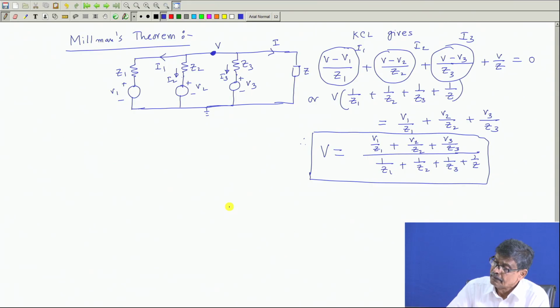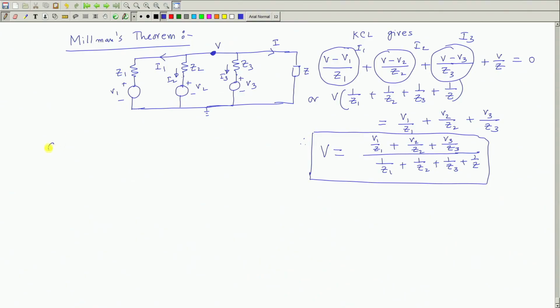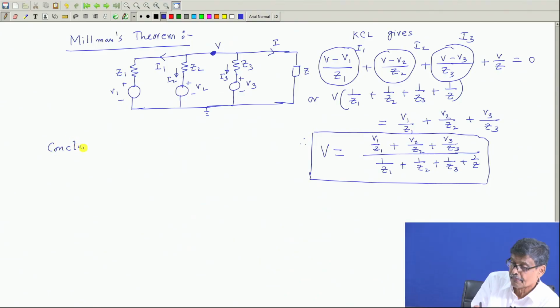Now coming to the concluding part of this whole course. In this course, we started from the very basics, so concluding remarks about the course.